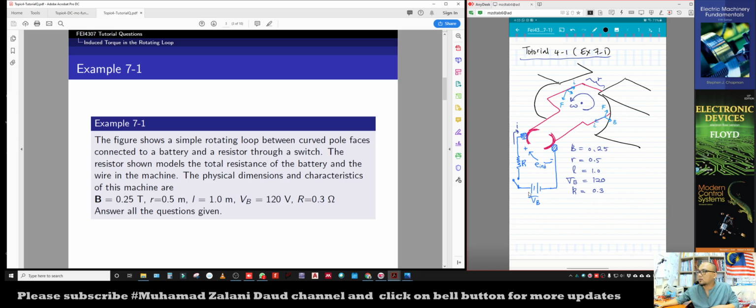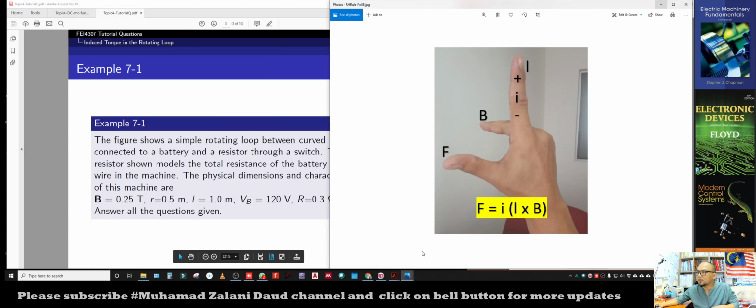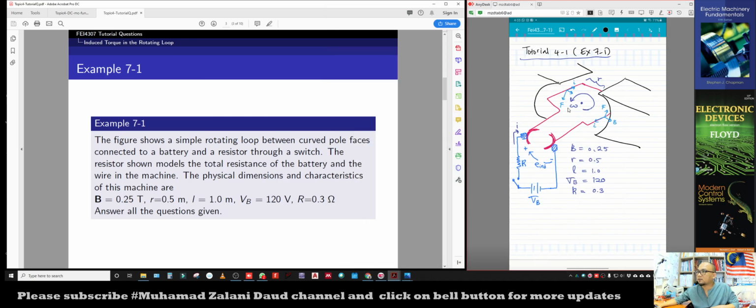We have this battery connected to the resistor, and through the brush the current will flow to the wire loop inside the curved pole faces and then go back to the battery. Once this wire loop is supplied by the current, we can use F = i L B, using our right hand rule, to determine the direction of the force, which is the direction of the torque. Let's say this is the CD segment.